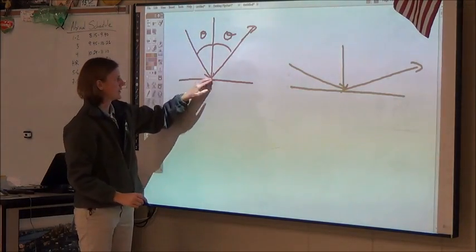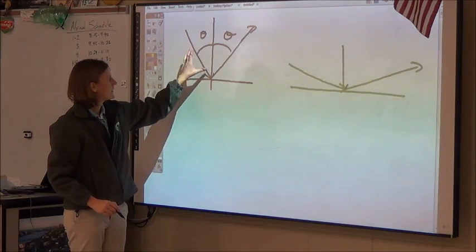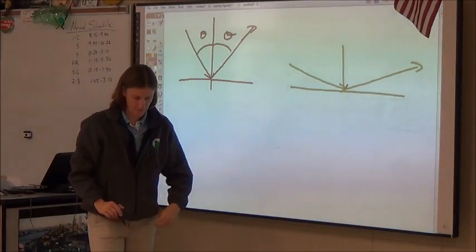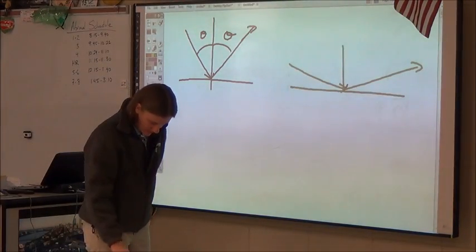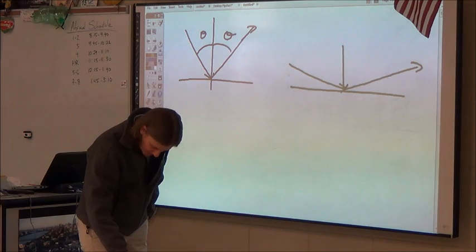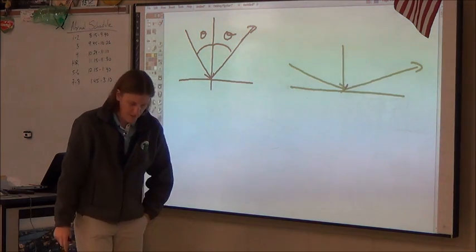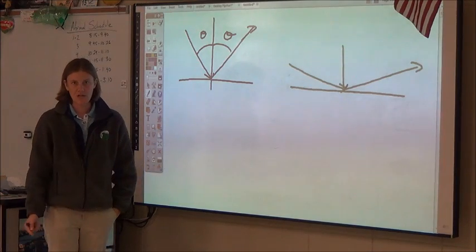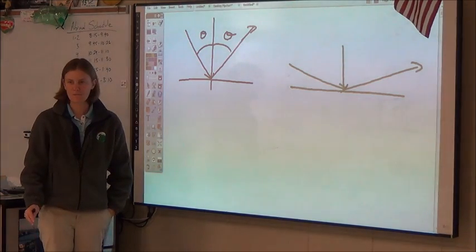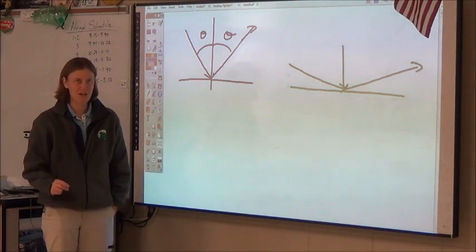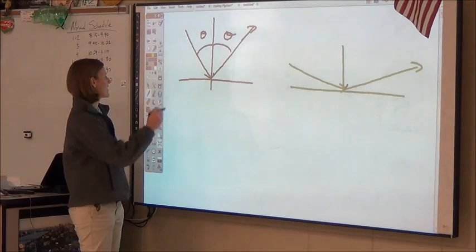So we're hitting the tree, bouncing off that way, and magically the speed does not change. So first question, does the change in x momentum change? Does it increase, decrease, or stay the same?